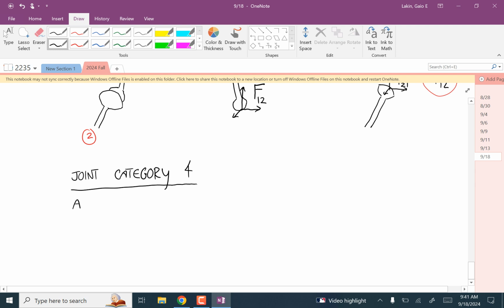This applies two force components and two couple components.